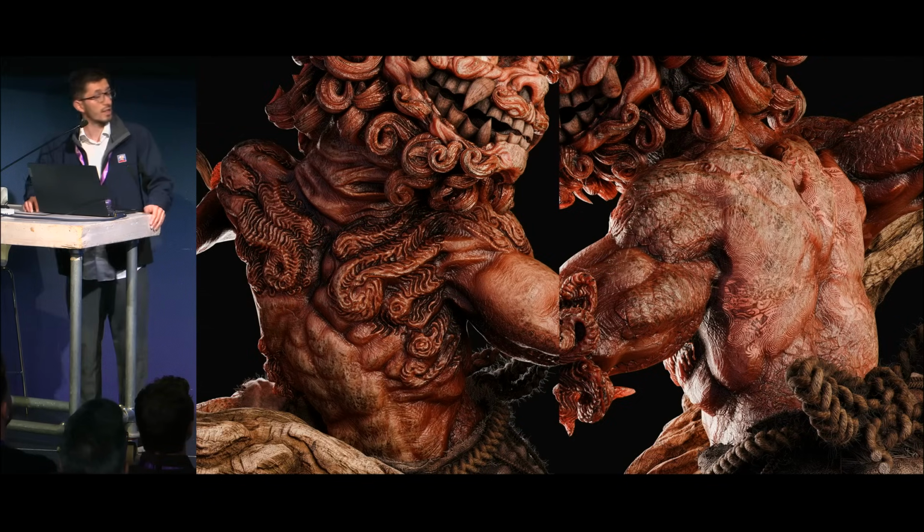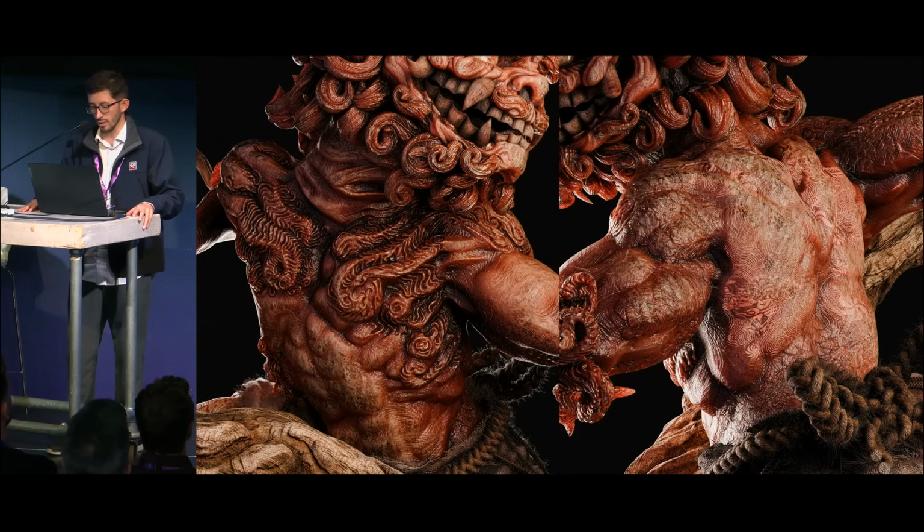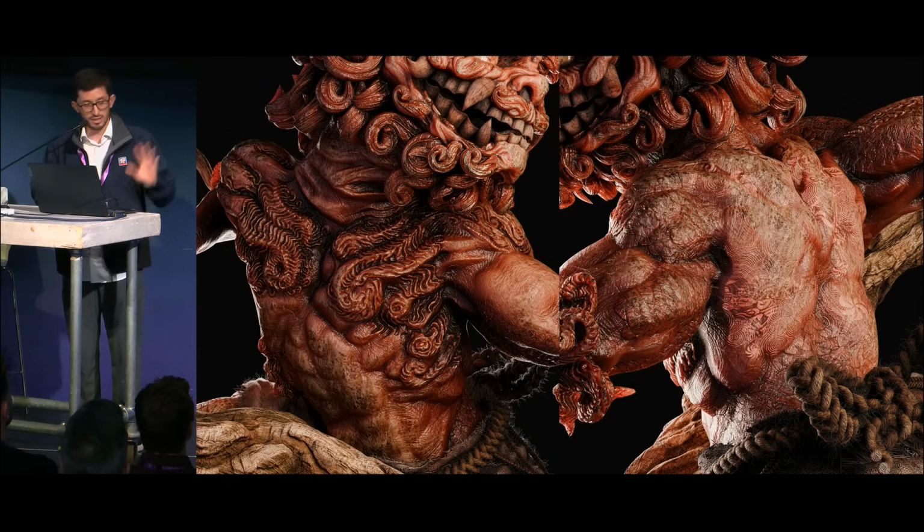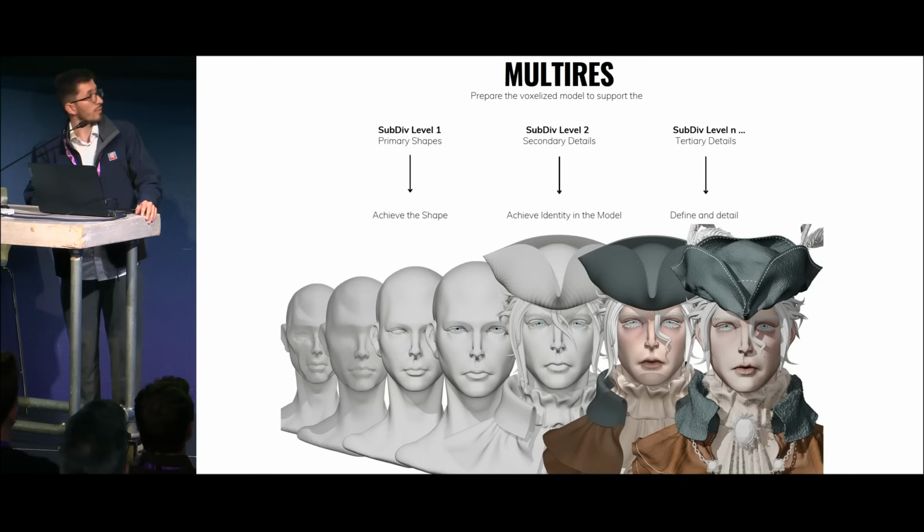Like you are seeing here, most of the details were carried out in the high poly using some of the tools that Blender allows you. For example, the multi-res modifier, which if you plug it in your base model, you can have a lot of different subdivisions and start increasing the amount of details without losing too much performance. So this is one of the examples that I'm going to talk about.